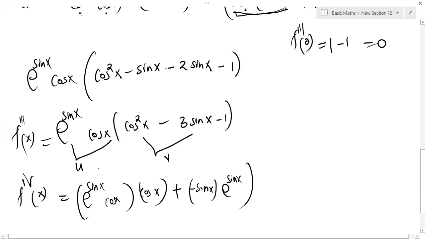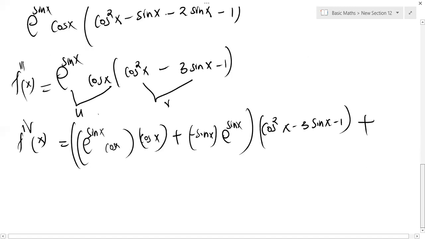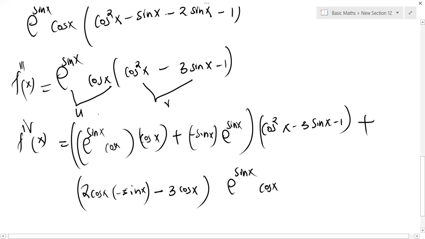Now this is u prime, multiplied with v, which is cos squared x minus 3 sin x minus 1, plus v prime. Differentiating this, we're going to have 2 cos x into minus sin x minus 3 cos x, differentiating 1 will get 0. So this is v prime multiplied with u. U is exponential sin x cos x.